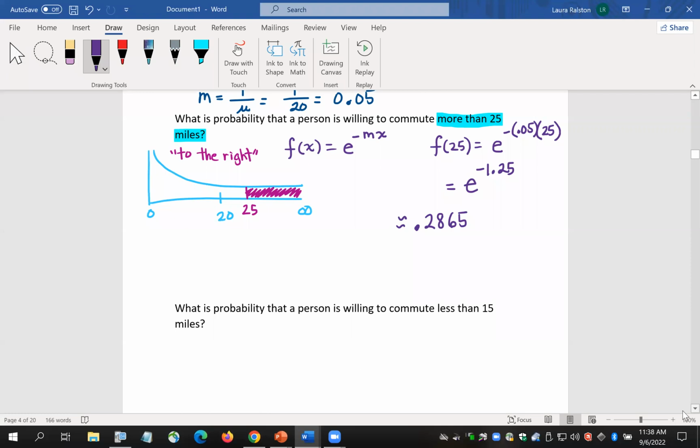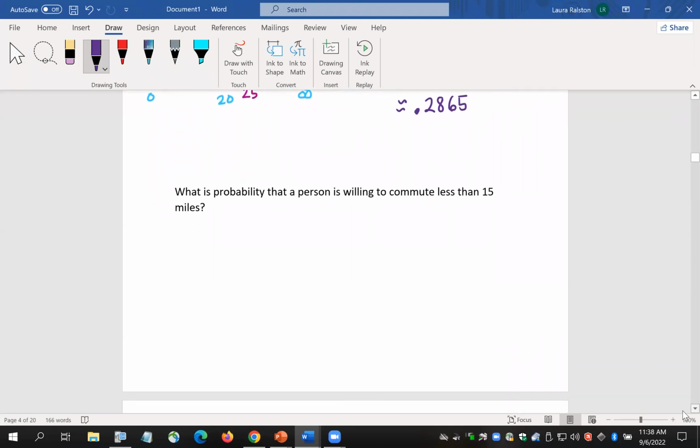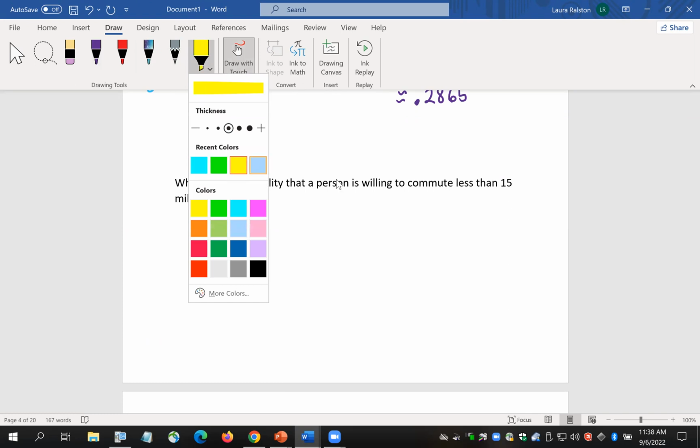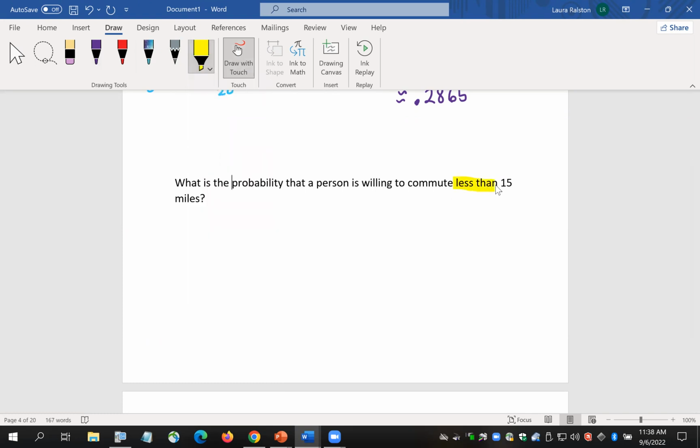Okay, then the next question says, what is the probability that a person is willing to commute less than 15 miles? Again, it is extremely important that you pay attention to the words. If I draw a rough sketch here, 0 and 20.